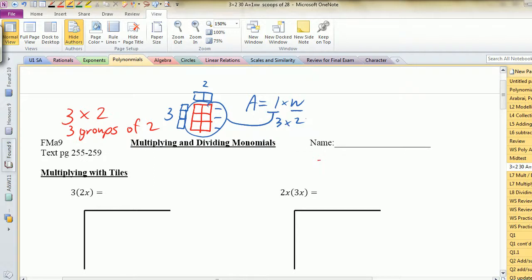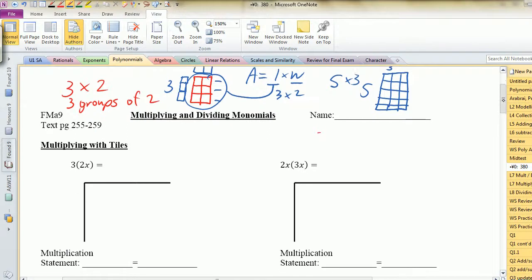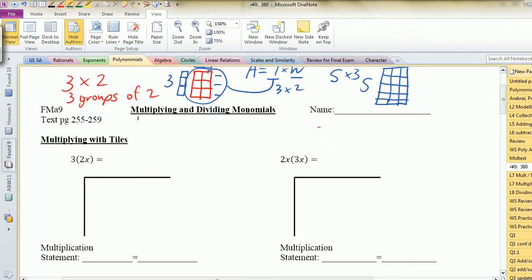If I was going to do 5 times 3, then I would have 5 going down, 3 going across. And they're all nice perfect squares. So this is 5, this is 3. How many squares are there? 15.